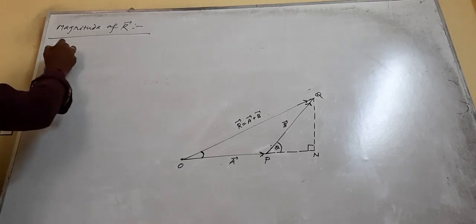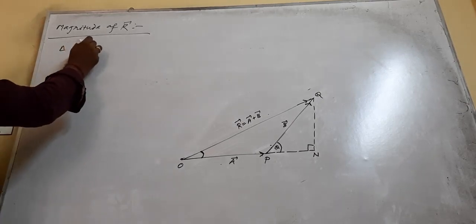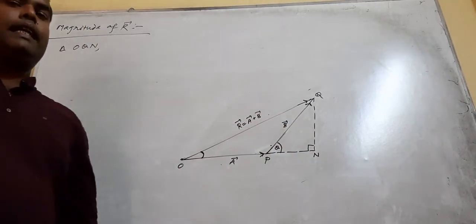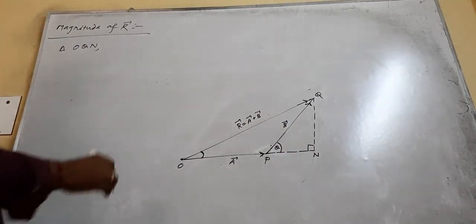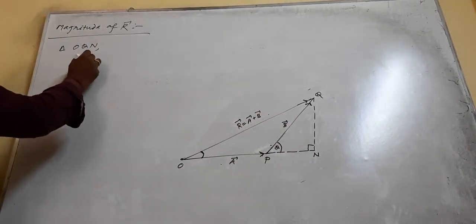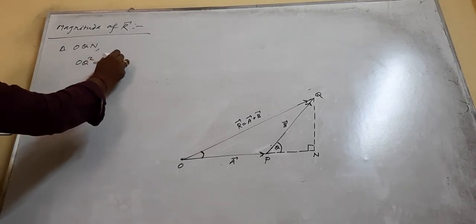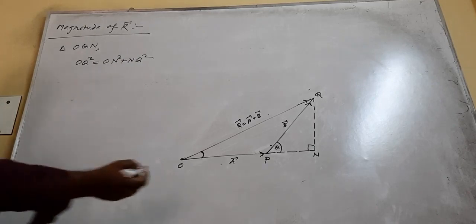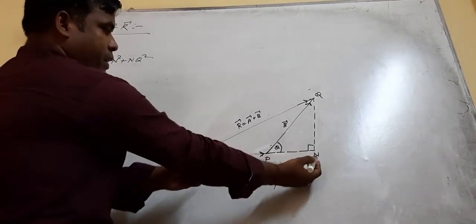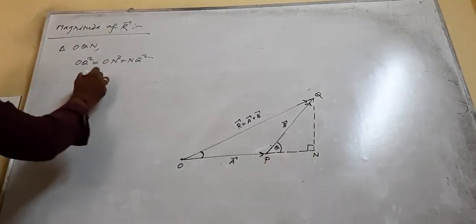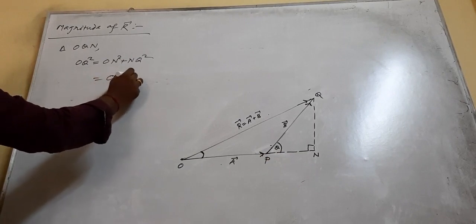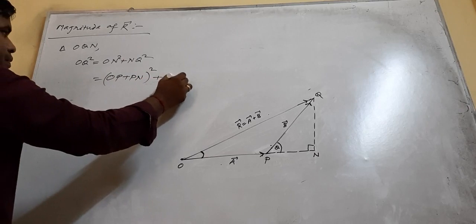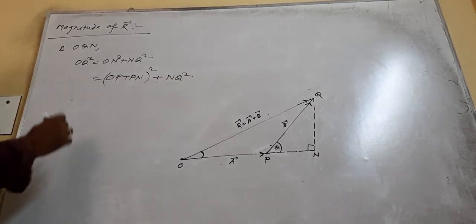Now take triangle OQN. You see OQN is a right angled triangle. So I can write OQ square is equal to ON square plus NQ square. Here ON you can write OP plus PN. So (OP plus PN) whole square plus NQ square.